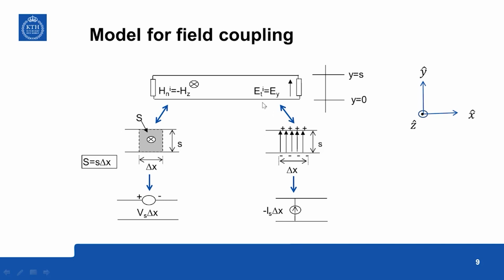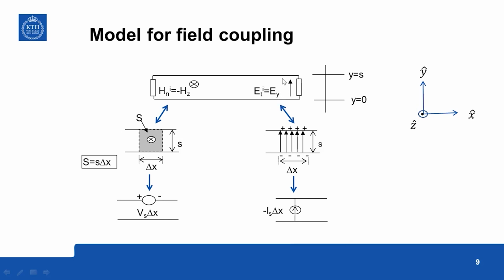So similarly, electric field interaction can be modeled like this. Suppose due to this action you have a charge separation, and the integral of this electric field will give you a voltage difference. Now this voltage difference is in series with this circuit capacitance.